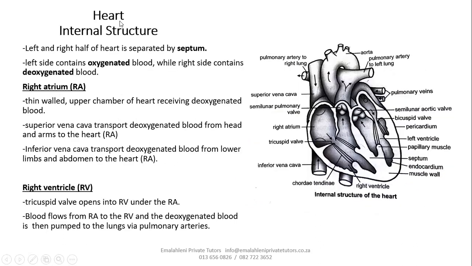Now let's check the internal structure. Now we have the left and right halves of the heart separated by the septum, which is here. The left side, this is our left side, contains oxygenated blood. What do we mean by this? We are saying the blood that is received from the lungs contains more of the oxygen.